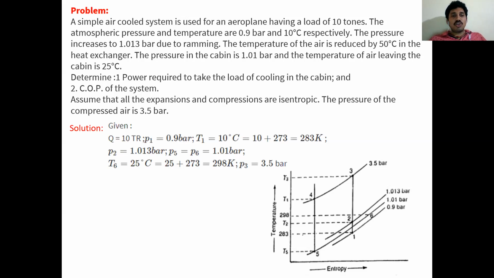P2 is 1.013 bar, which is due to the ramming process, and P5 is equal to P6, 1.01 bar, because this is the cabin pressure, or pressure after the turbine or expansion process. T6 is 25 degrees Celsius, which I've converted to Kelvin, 298 Kelvin. P3 is the pressure after the main compressor, which is 3.5 bar. So these are the different values we are getting in the TS diagram or in the given problem.